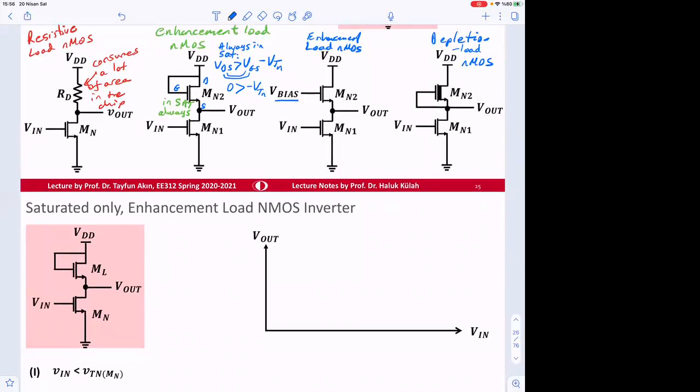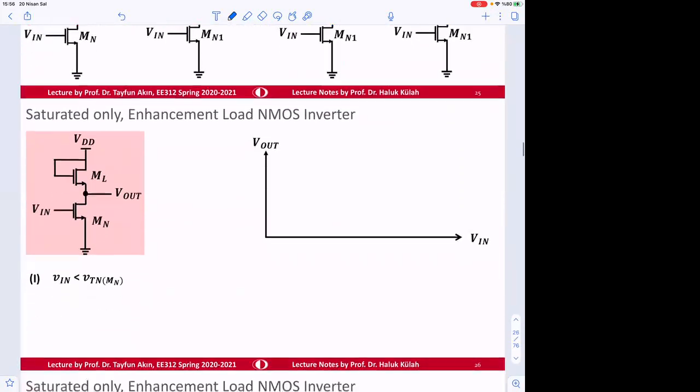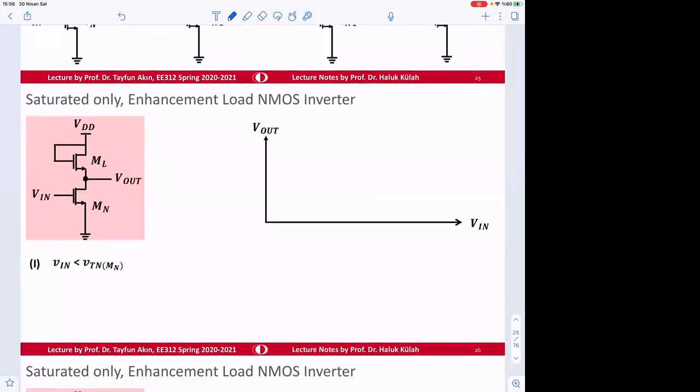So for this device, we will look at the analysis in more detail now. If the input is less than this value, it could be 0 or VTN.